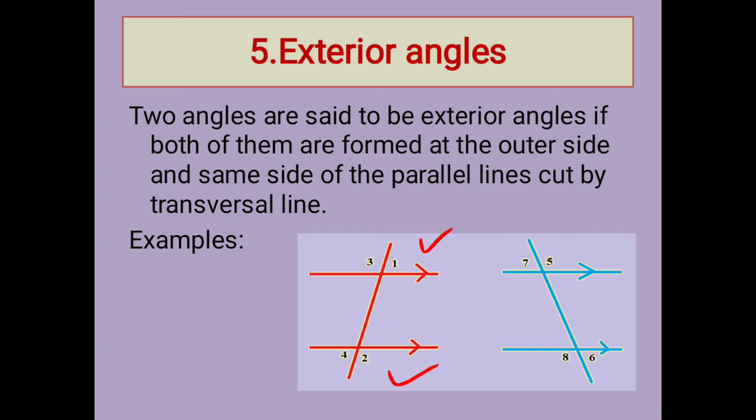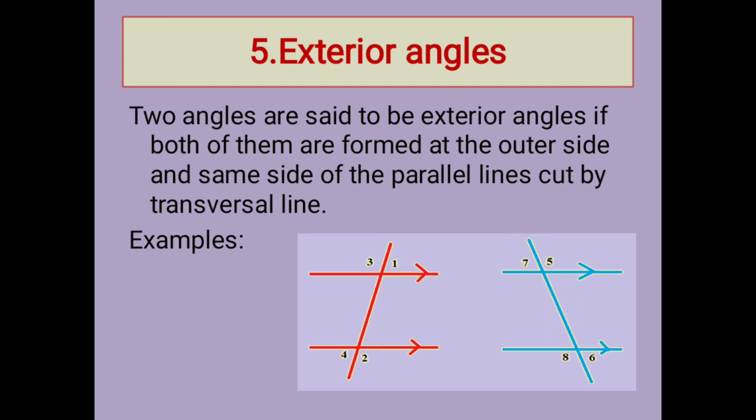And both of the angles are outside the parallel lines. One is outside this line and two is outside this line. So if two angles are outside both the parallel lines and on the same side of the transversal line, then they are called exterior angles.